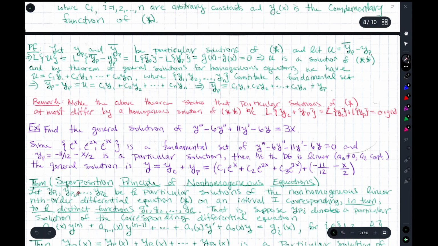Then we know that the most general solution is going to be the complementary function, which is this 3-parameter family of solutions, plus the particular solution. Now any function that you plug into this differential equation and ends up solving it could be expressed in this way. We would just have to fix C1, C2, and C3. And that's why general solutions are important.